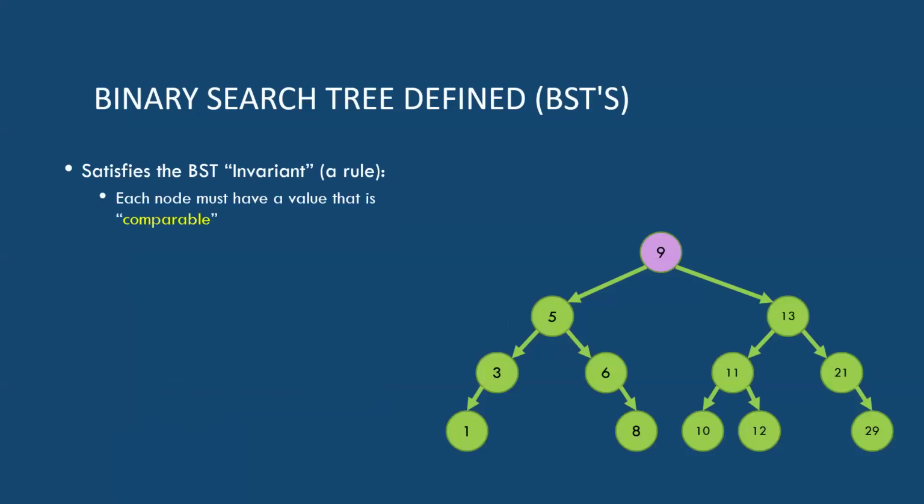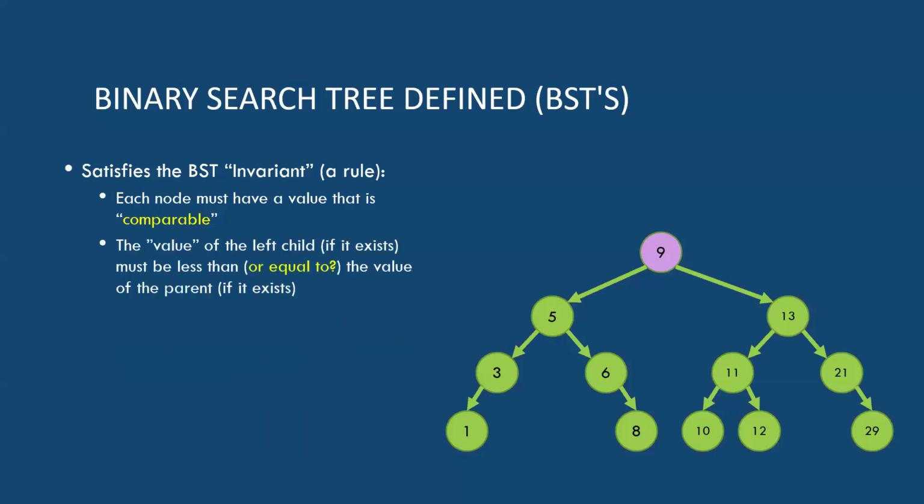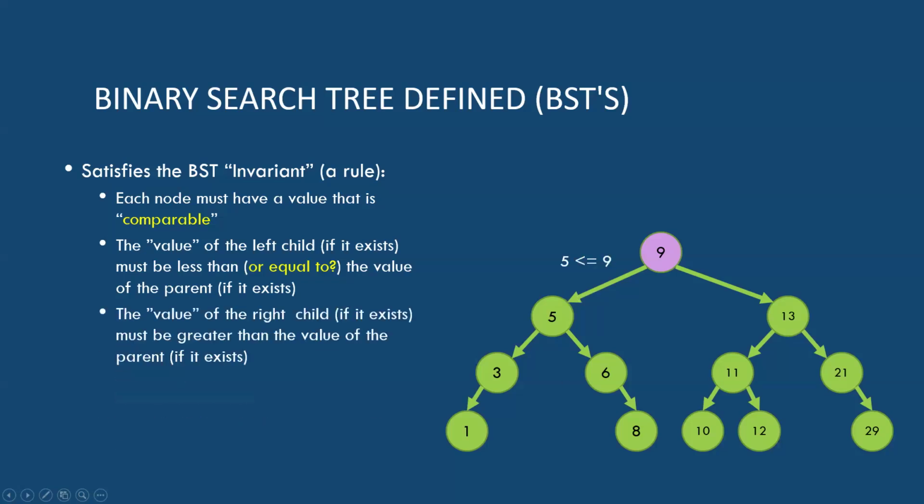And so our lab today is just about getting familiar with the recursive nature of those rules. So when we say that it's a binary search tree, we have what's called an invariant, just like our heap invariant. Okay. And we need to ensure that recursively everything below here is less than or equal to the 9, and everything below here is less than or equal to the 5, as you can probably imagine. Okay.